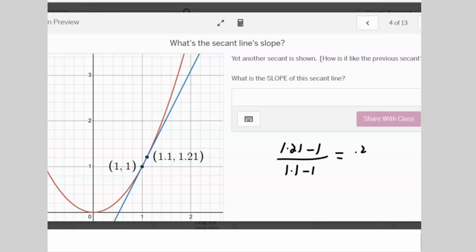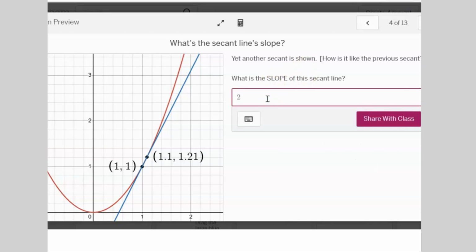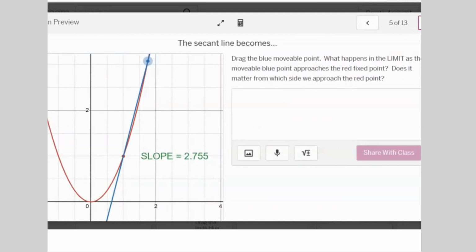So we would get 0.21 divided by 0.1, which would equal 2.1. So we can see that the slope is now getting closer to the value of 2.